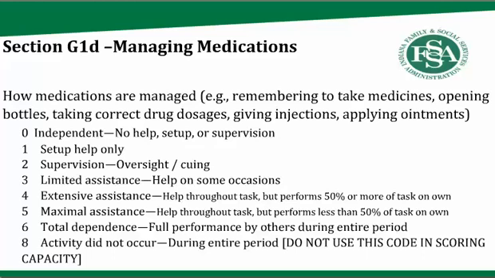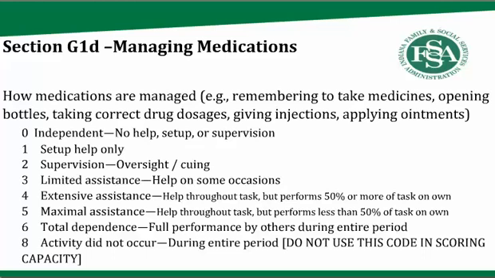Extensive assistance: every single time they're doing medication management, they need help throughout the task, but they do at least 50% of it on their own. Maximal assistance: help is required again throughout the task, so every time they're taking their medications, they need help, and they perform less than 50% of all the tasks.